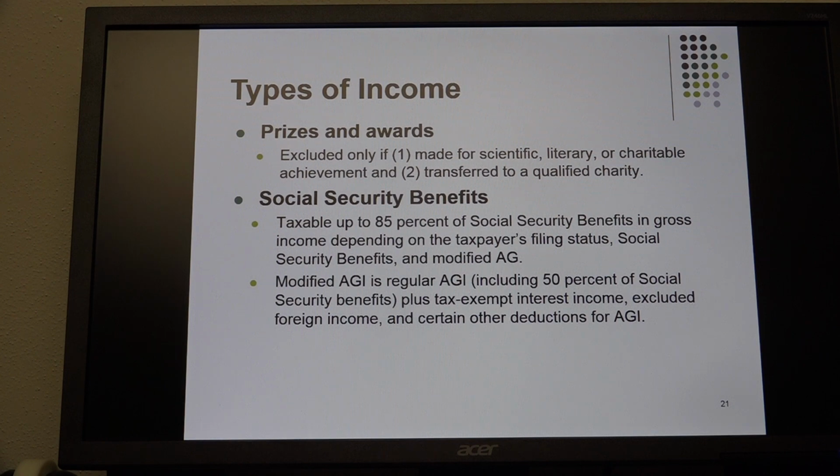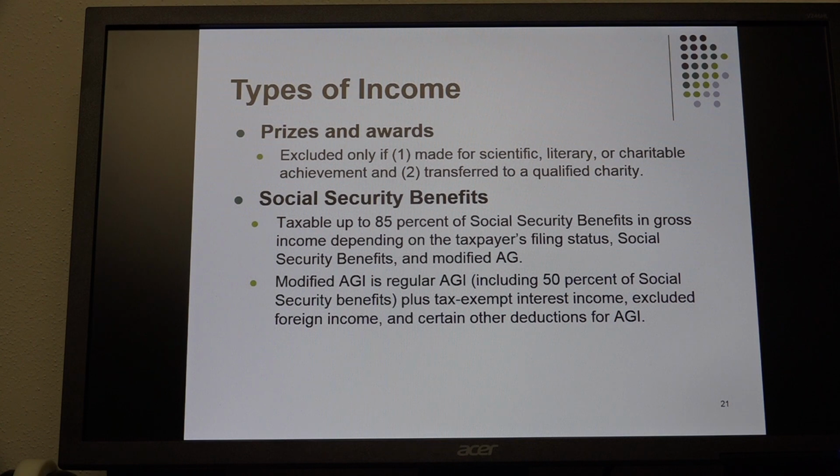Bottom line is, if you're fairly low income, and this depends also on your filing status, essentially you'll pay no tax on your Social Security benefits.